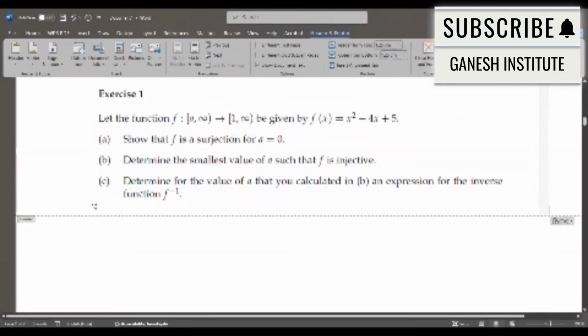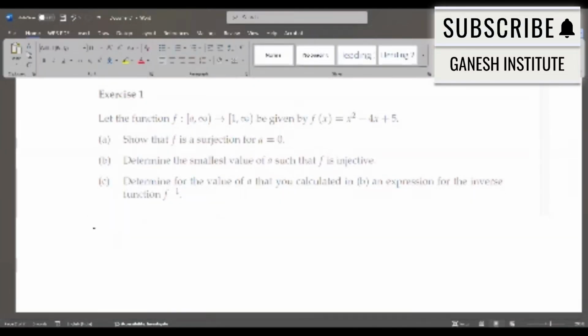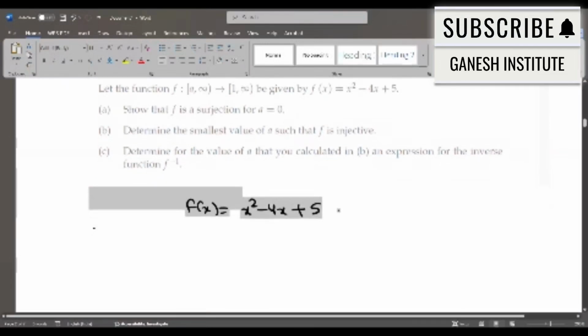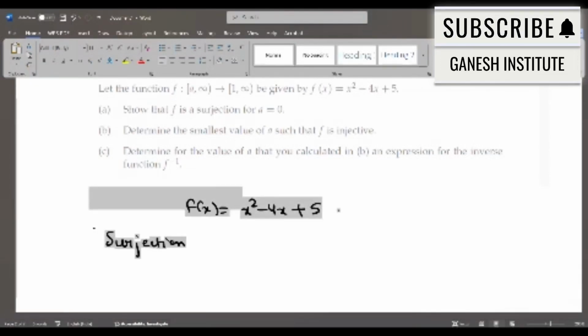So I have this question. f of x is x squared minus 4x plus 5, right? And you have to show that f is a surjection. What do you mean by surjection? Like it has to be onto.